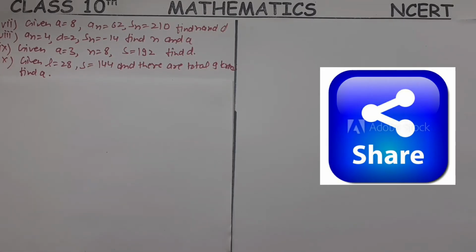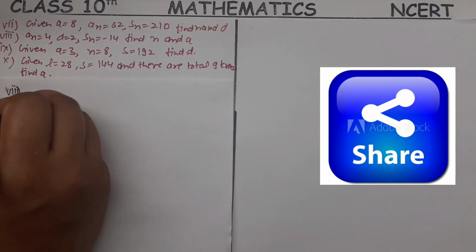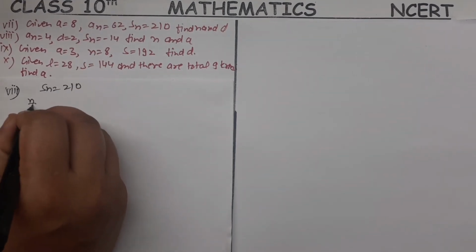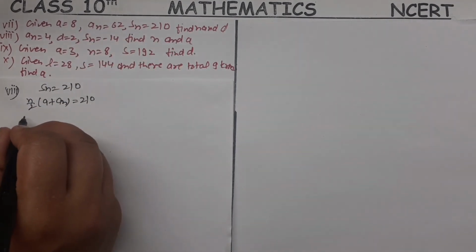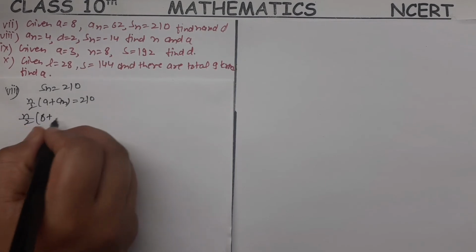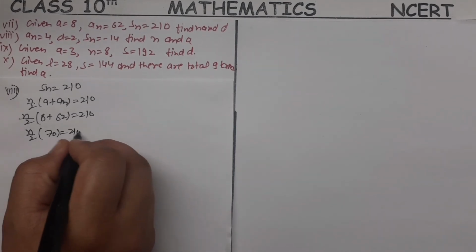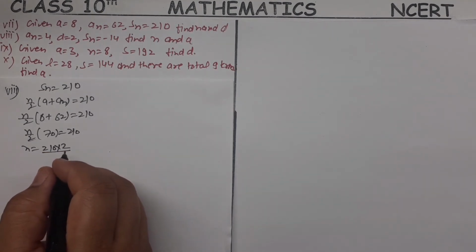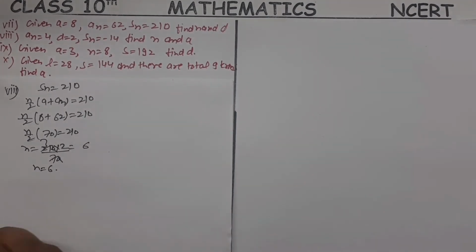Now the next, part 7th. a = 8, a_n = 62, S_n = 210. Find n and d. S_n = 210, formula n by 2 (a plus a_n), because a_n is given. a = 8, a_n = 62, S_n = 210. 2 goes in numerator, 17 in denominator, cut, n is 6.